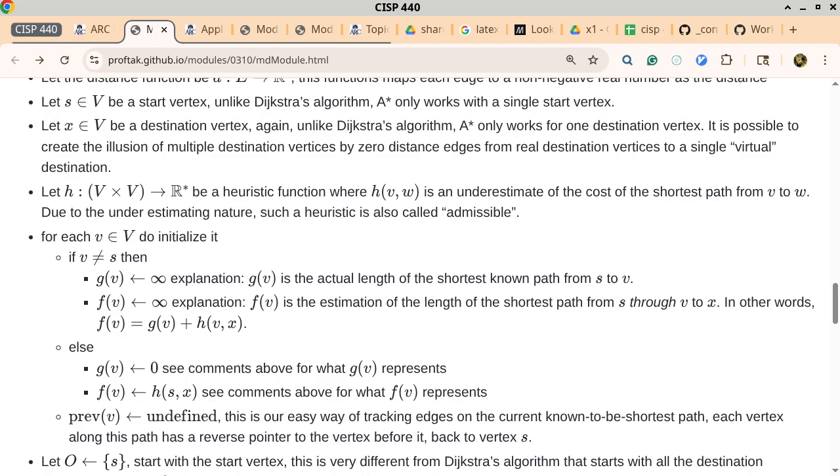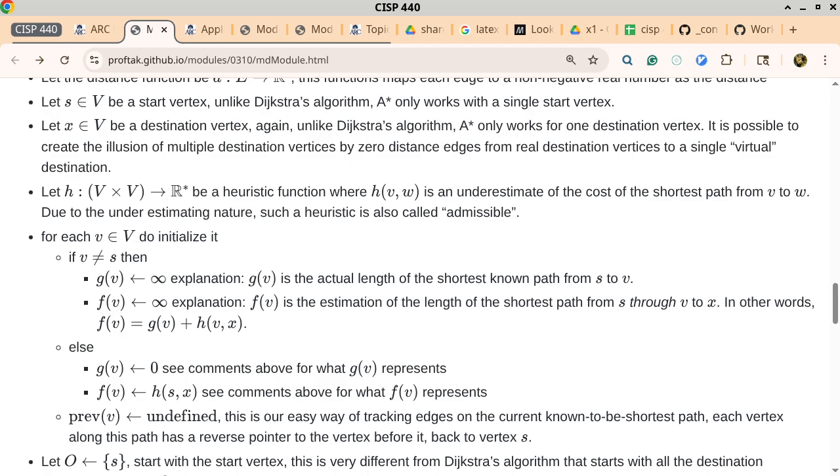At this point, it is important to understand what a G value is versus what an F value is. So we're going to go a little bit into that explanation. This is basically how I write the pseudocode. I give you exactly what operation needs to be performed, but next to it, without using slash slash, I'm giving you the explanation of what G of something represents.